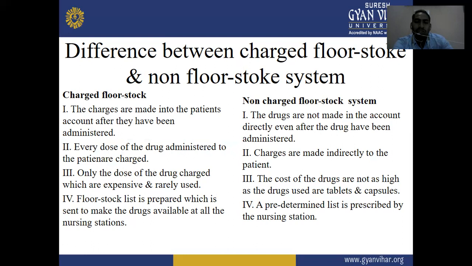A predetermined list is prescribed for the nursing station. These are the non-charged floor stock system. This is the difference between the charged floor stock system and the non-charged floor stock system.